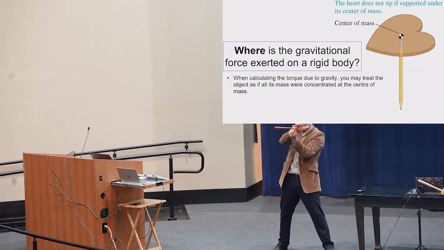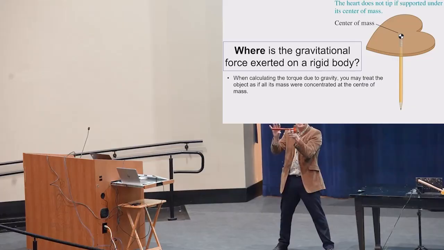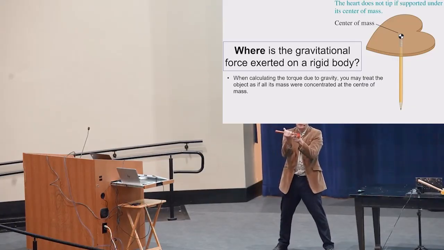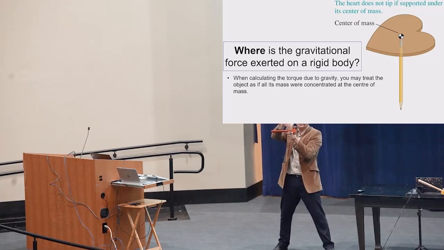But if you add up the torques of all the particles, then you can treat it as if gravity is coming out and just hooking on the center of mass and pulling straight down there. Which is why, if I find the center of mass and support the hammer from right below it, then the gravitational torque is passing right through the pivot point, which is my finger, and so it produces no torque.